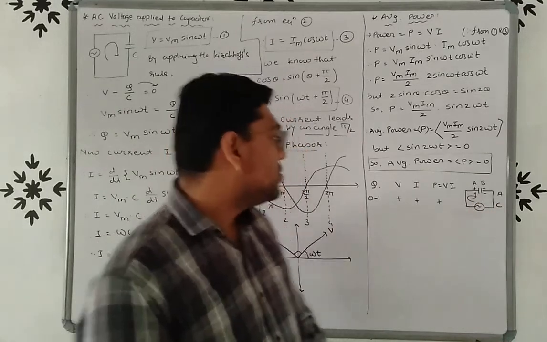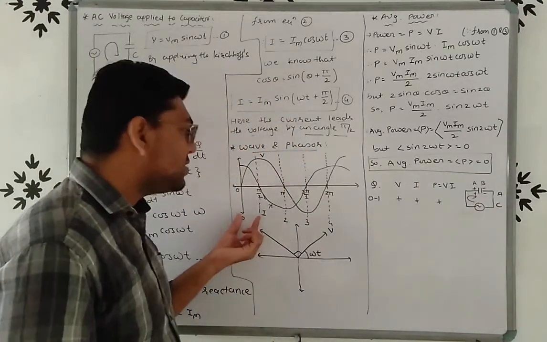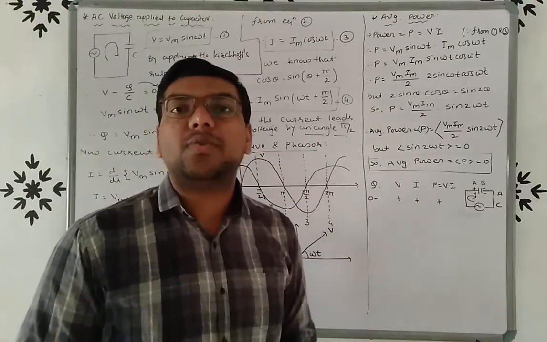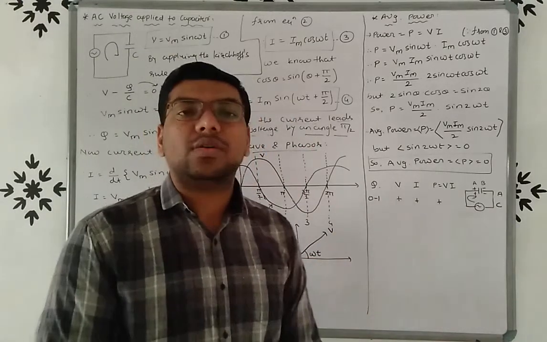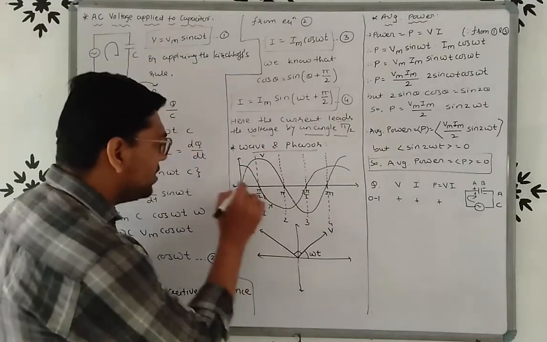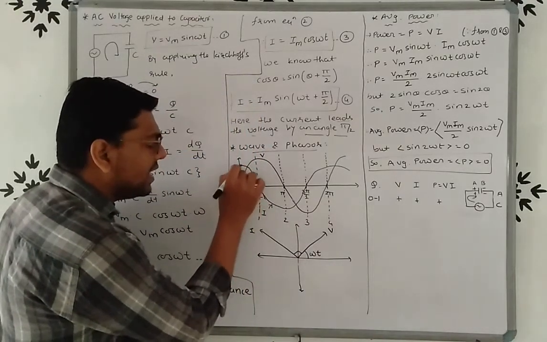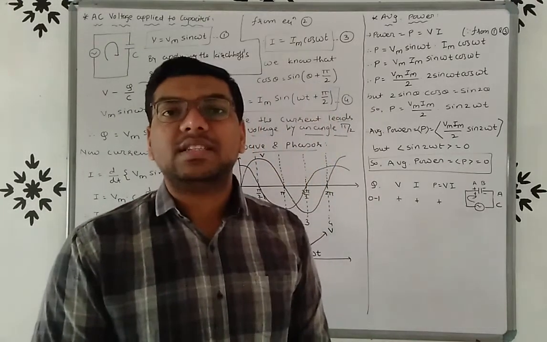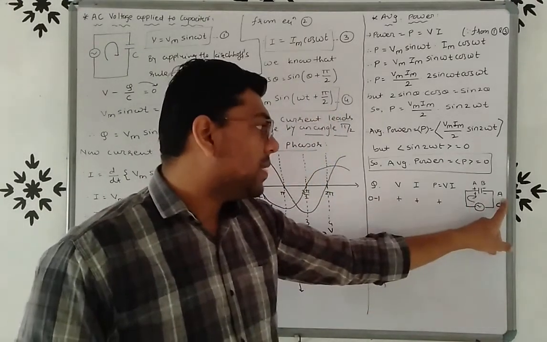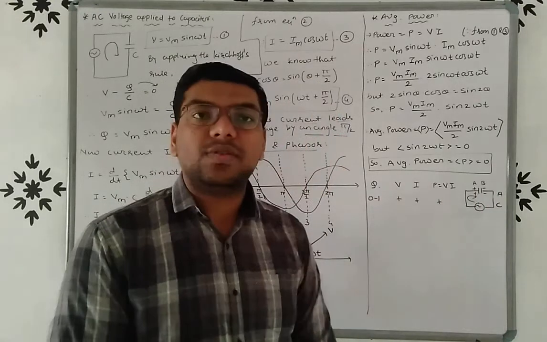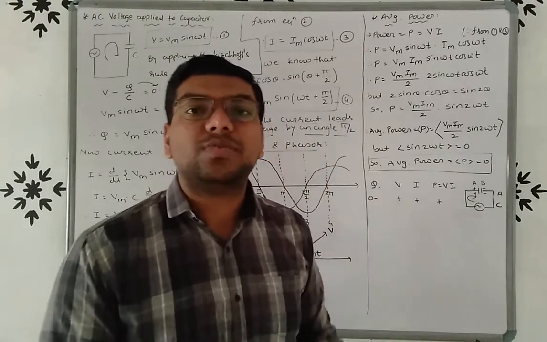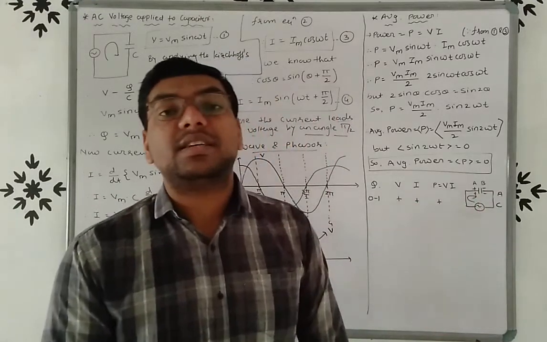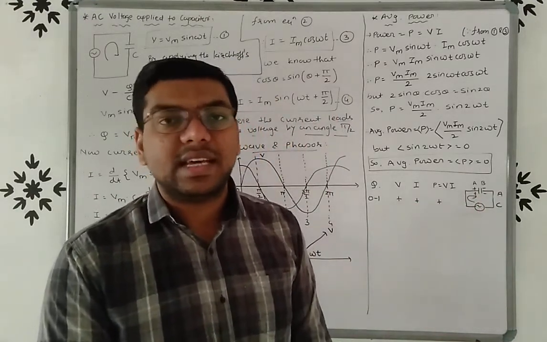In the first quarter, once again friends, voltage and current are both positive, so the product of voltage and current is also positive. But the voltage starts increasing and current starts decreasing. The energy is absorbed as the product is positive, so we can say that the capacitor starts charging, right?